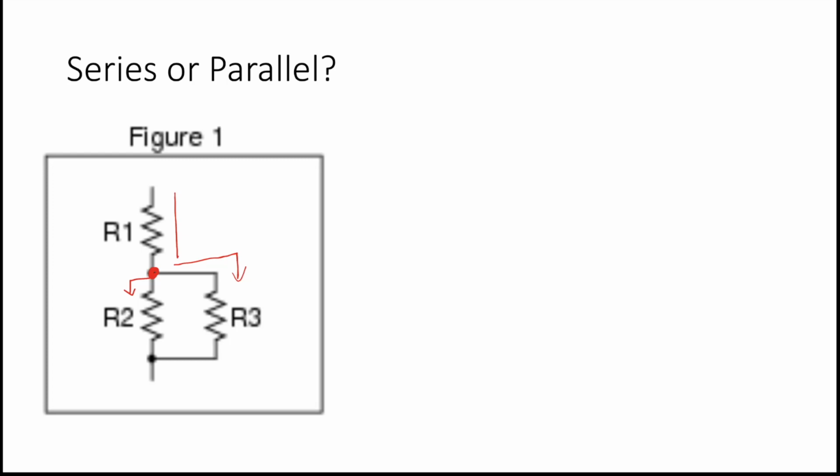That means that resistor 2 is in parallel with resistor 3. However, once you leave resistor 2 and 3, they combine again and they go back down the wire. So overall, we can say that resistor 1 is in series with resistor 2 and 3. However, resistors 2 and 3 are in parallel with each other.